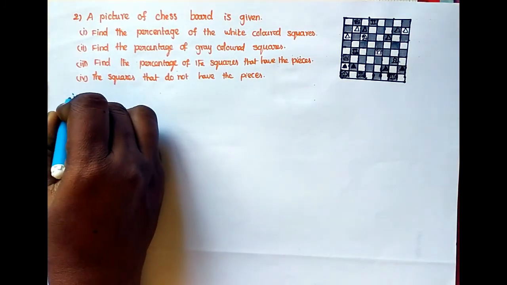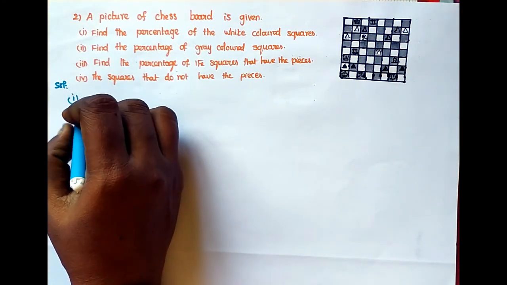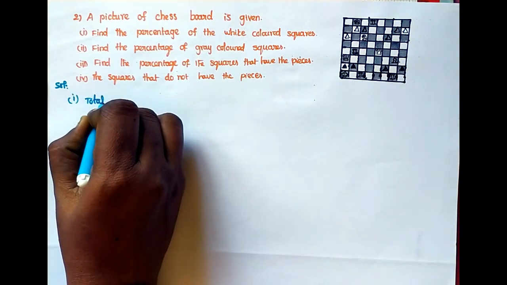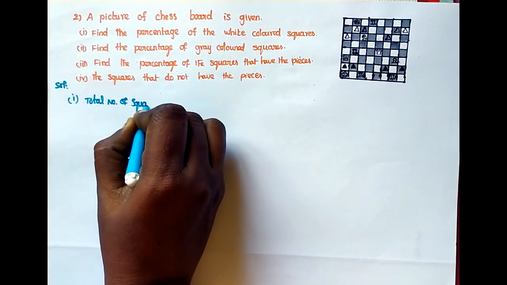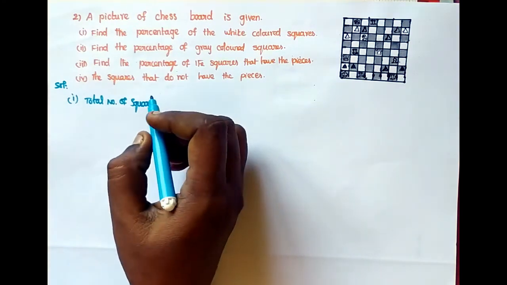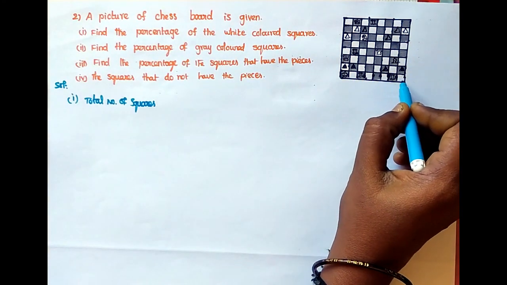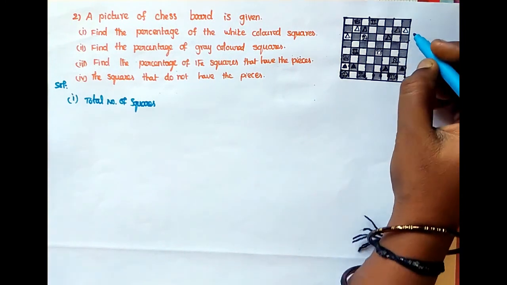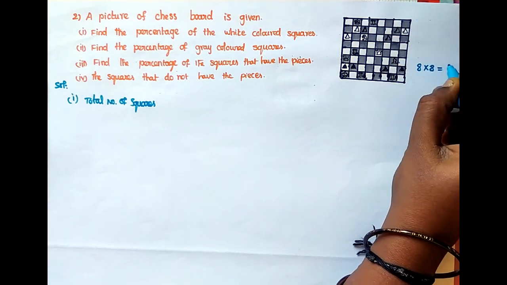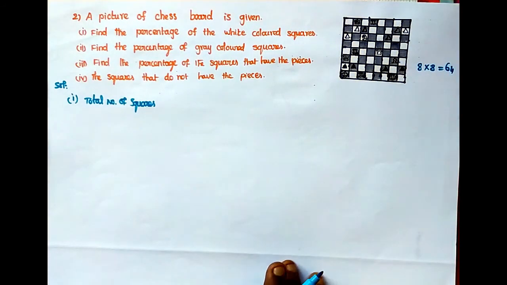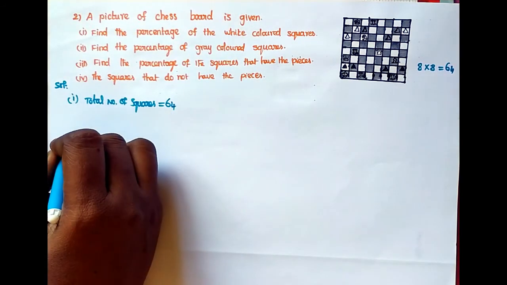So first, the total number of squares. Listen, 1, 2, 3, 4, 5, 6, 7, 8. 8 columns, 8 rows. So 8 into 8, 64 squares. So the total number of squares is 64.